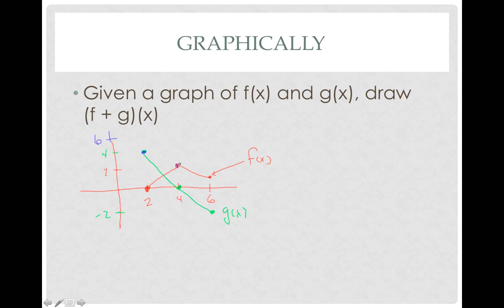Here I get a new point of 0 plus 2, so it's 2. And if I add these two points together, the y values are negative 2 and 1, so I get a y value of negative 1. And this new line is f plus g of x. All right, so adding functions on a graph is not really hard. All we have to do is add the y values.